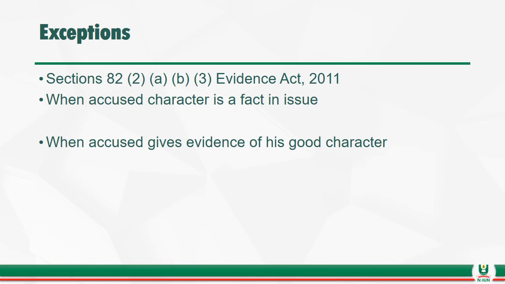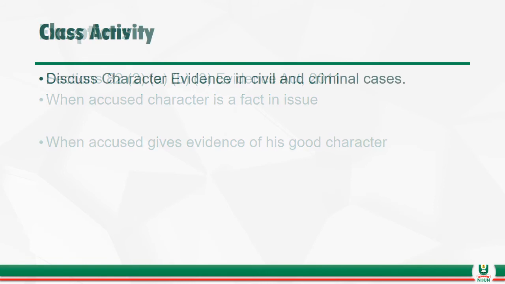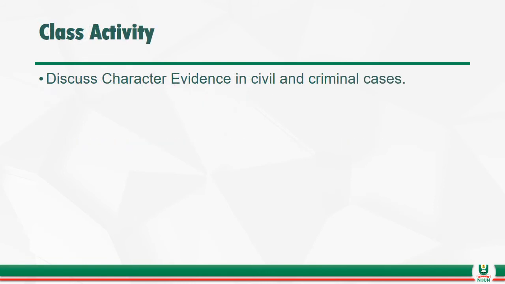But it must be noted that the evidence of his bad character will be for the purpose of rebutting the evidence of his good character and no more. That is the position. Like I pointed out earlier, we need to look at the class activity for this lecture and provide an answer to it in the next slide. Discuss character evidence in civil and criminal cases.